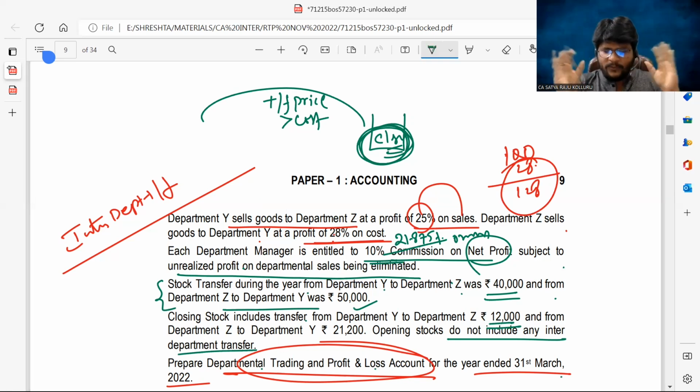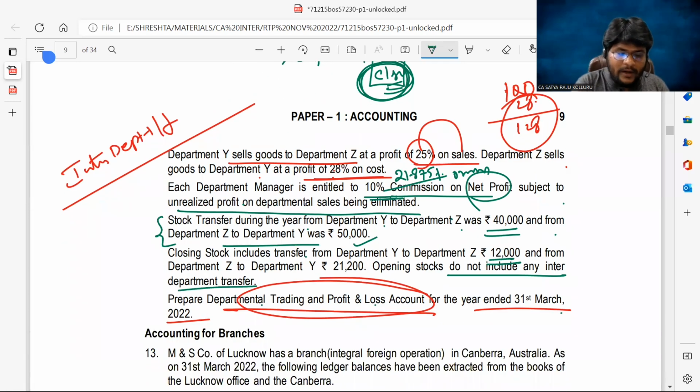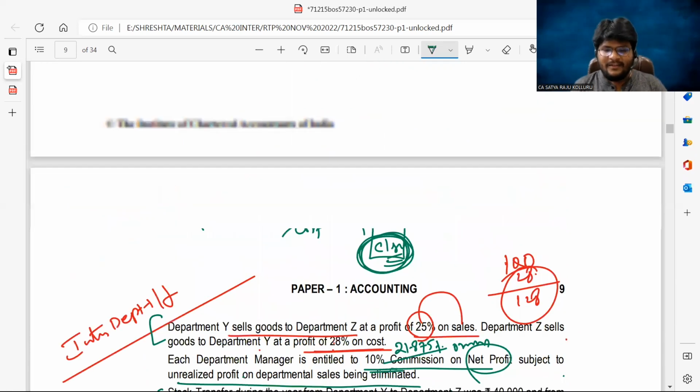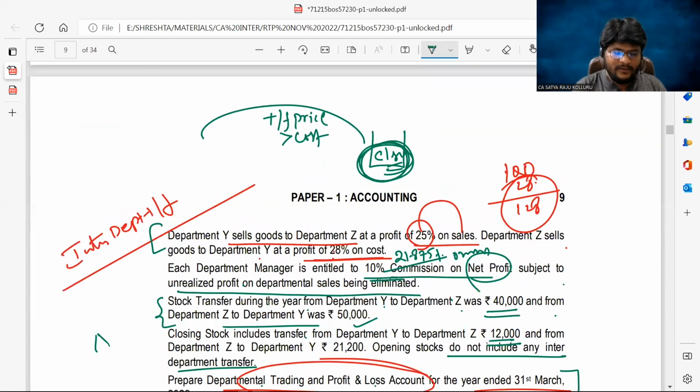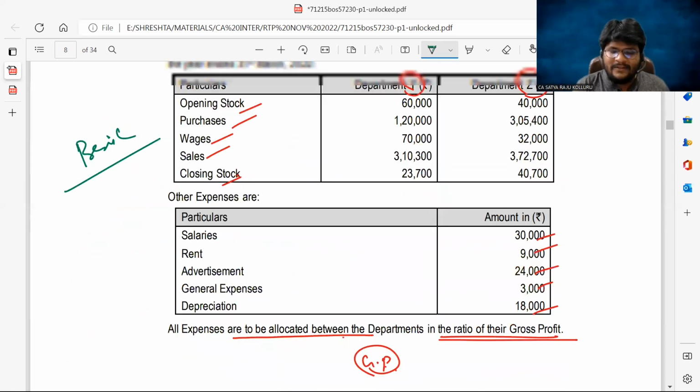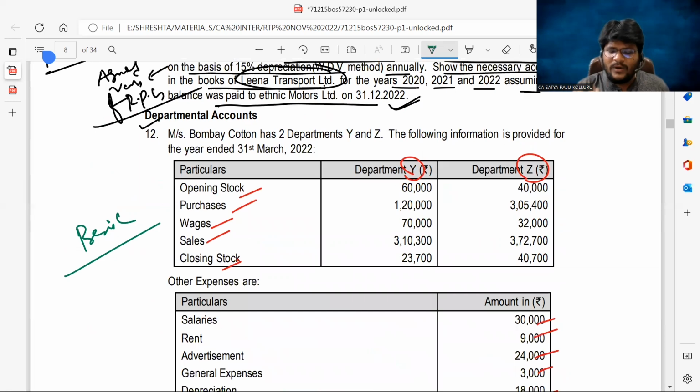So the problem is pretty easy, provided you understand this paragraph, from this line to this line. This is the basic stuff, and this is the advanced stuff; they just mixed it into the problem. For the basic stuff, there is not much explanation from my side.